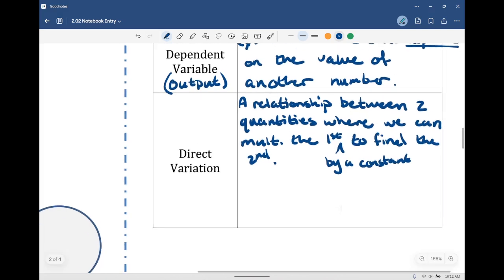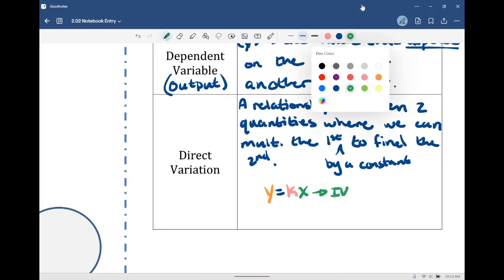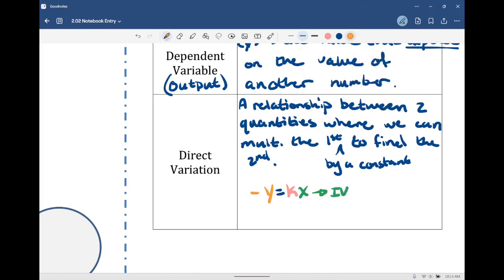Now, in terms of their equation, direct variations look just like how we saw up top. They're really specific. We have y is equal to kx. Now, x we know is the independent variable, and in fact we even know that y is the dependent variable.